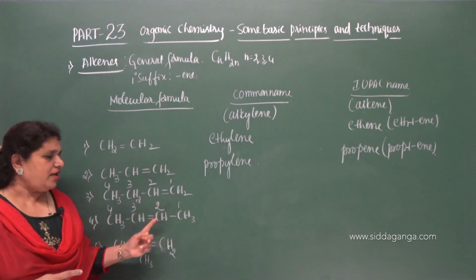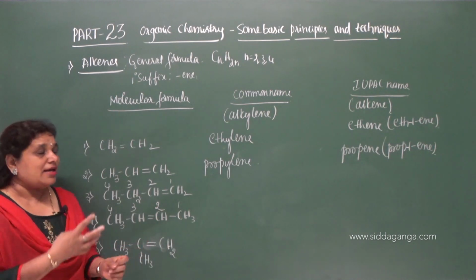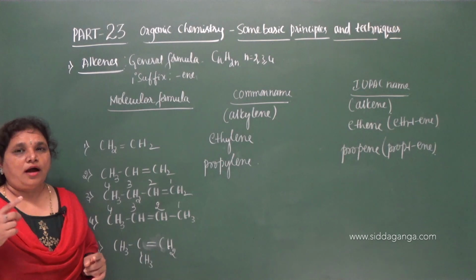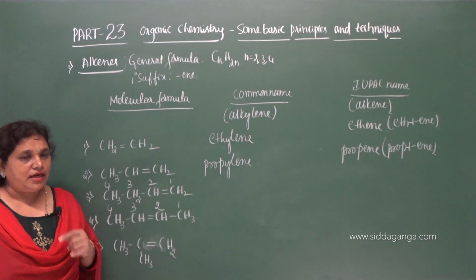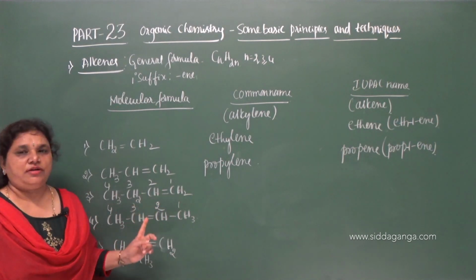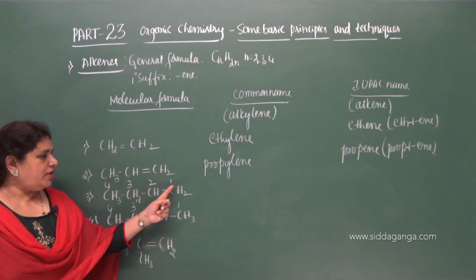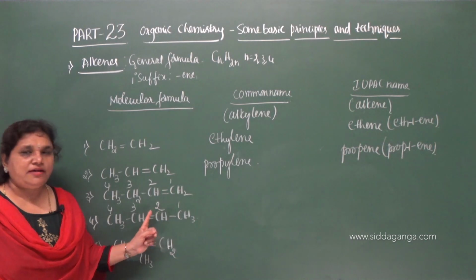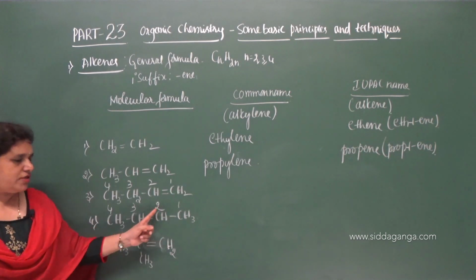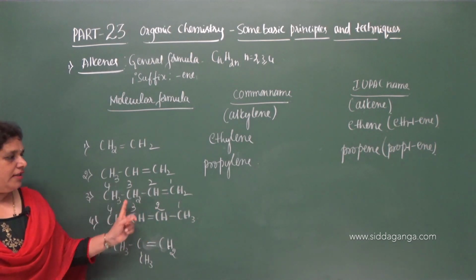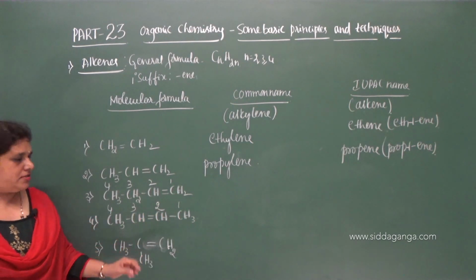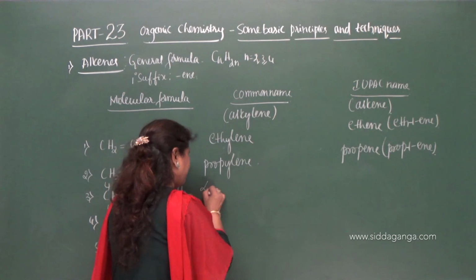Therefore but-1-ene and but-2-ene. But in the common name system, we need to use the Greek letters alpha, beta, gamma to specify the position of the double bond. So here it is alpha butylene, and it is beta butylene because it is next to this. In that way we give the common name.